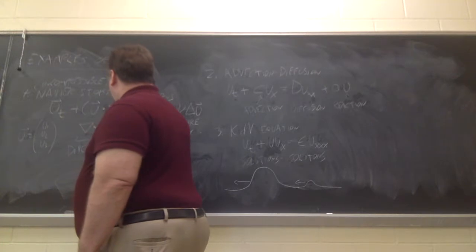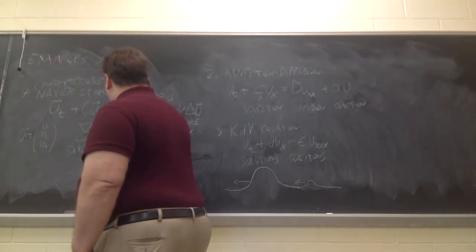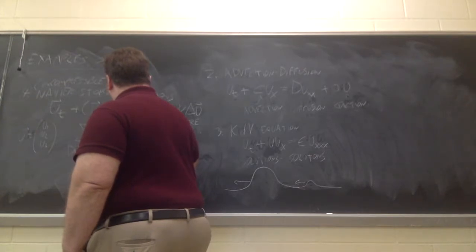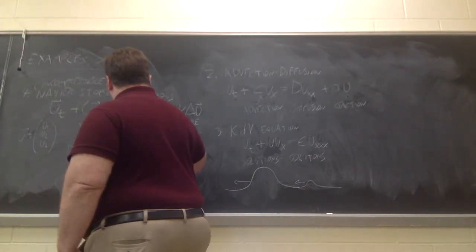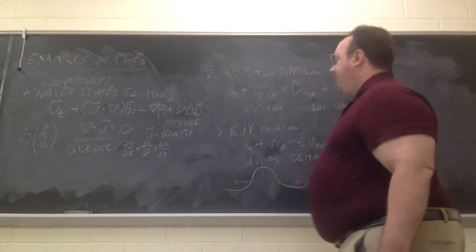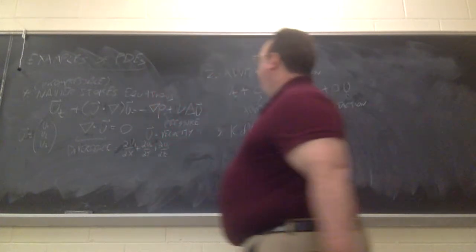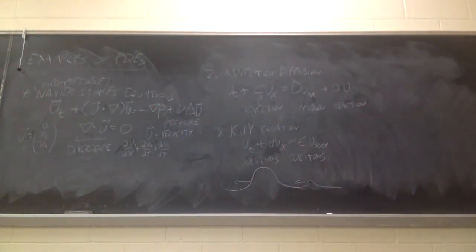So divergence is equal to partial of u1 with respect to x plus partial of u2 with respect to y plus partial of u3 with respect to z. Okay. Use the 1 as a subscript. And I'm saying that's 0.